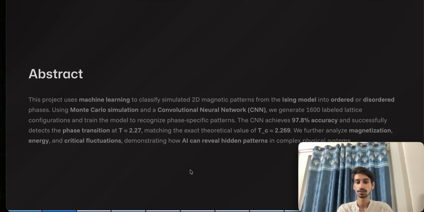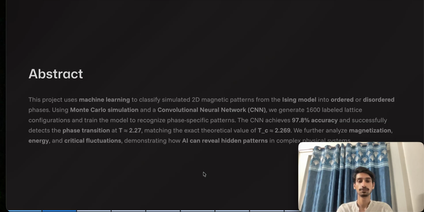For the disordered phase, we start at T equal to 3.2 and run 5,000 steps. This gives us 1600 snapshots, 800 for ordered and 800 for disordered, each as a 32 by 32 image. We label them 0 for ordered and 1 for disordered.